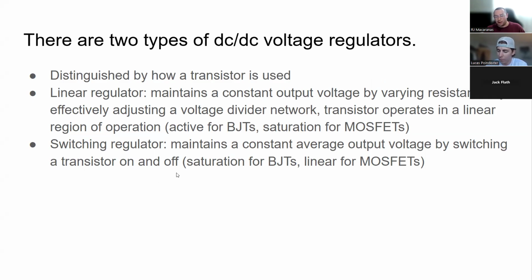So it's going to be turned on or off. It's kind of like a light switch: if you turn it on or off, that's what the transistor is doing. Whereas a linear regulator is kind of like a volume control knob, where you're adjusting in tiny increments what this transistor is able to do, right?